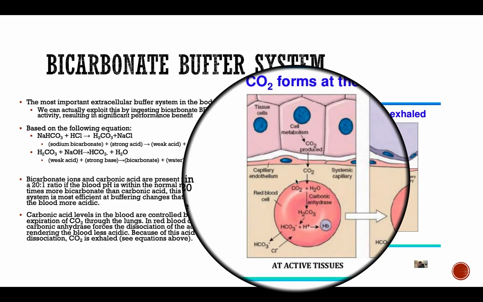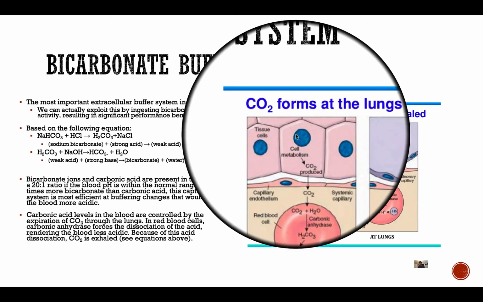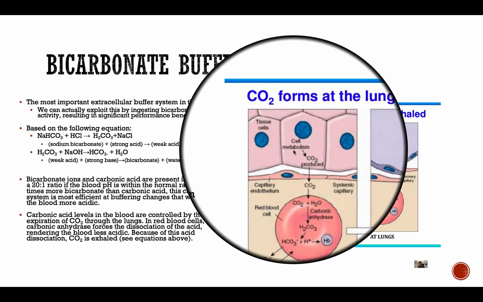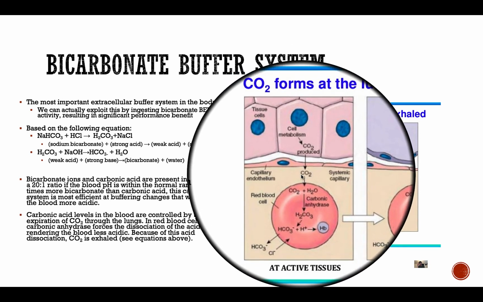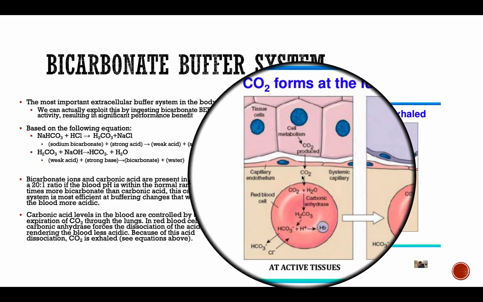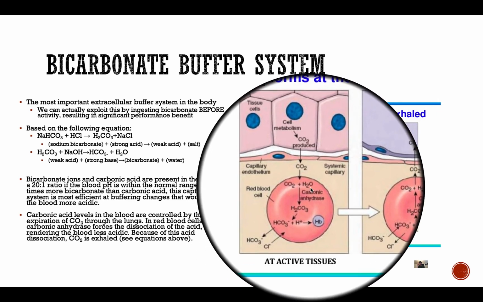How this is going to work is going to be found, I hope I'm pointing in the right direction, down here in this figure. At the active tissue, we're going to produce CO2. We're going to release that CO2 from the cell into the bloodstream. Inside of the blood, we're going to have a combination of CO2 with H2O. I almost called it dihydrogen oxide.